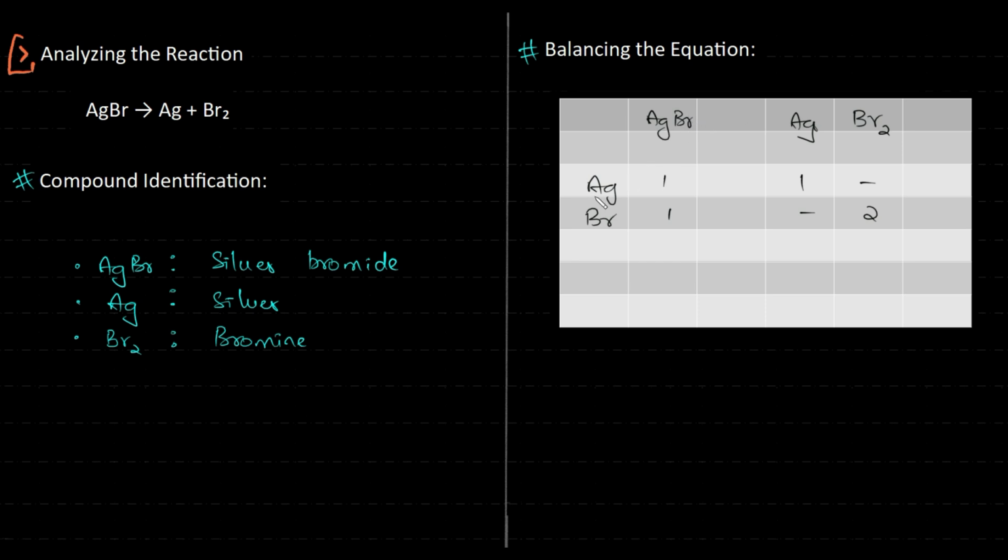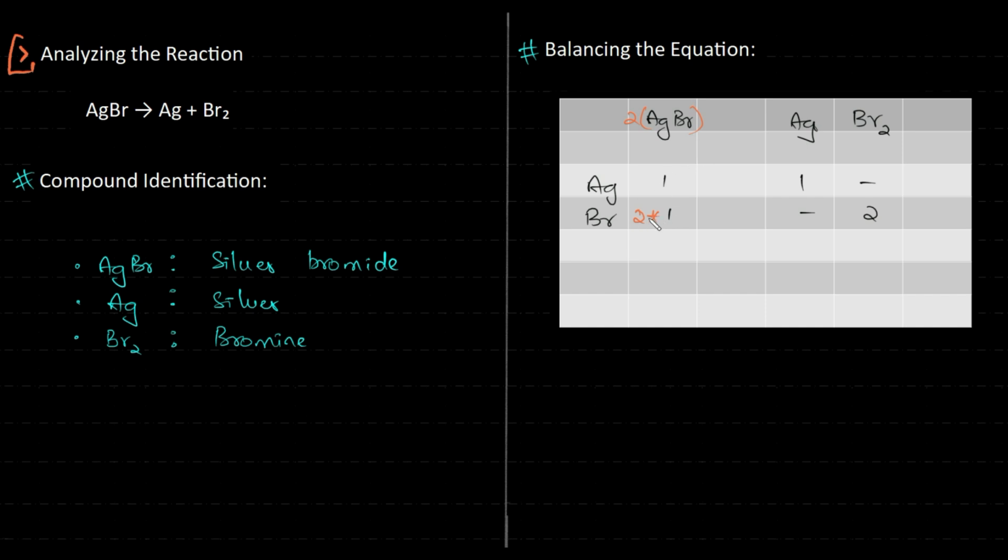AgBr, you have silver to be 1, bromine to be 1. In Ag, we have silver to be 1 and bromine to be none. And in Br2, no silver, while you have your bromine to be 2. And now let's look at it. So this is 2. For balancing out, we need to multiply this with 2. For this to be 2, we have AgBr that has to be 2.